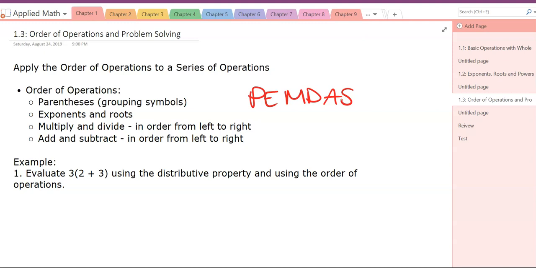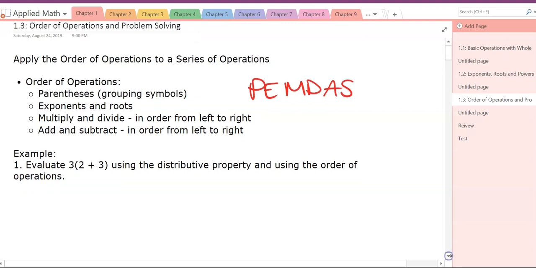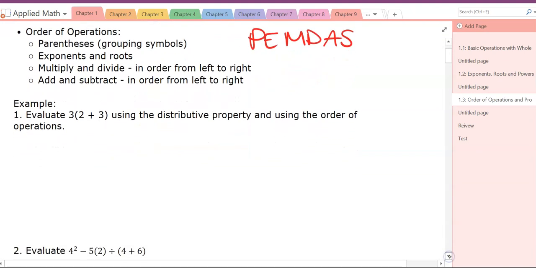So for this first example, it wants you to solve this problem using the distributive property and using the order of operations, just to see the different ways that you can solve a problem and how their answers may or may not be affected by the problem. So I'm going to start first by using the distributive property.